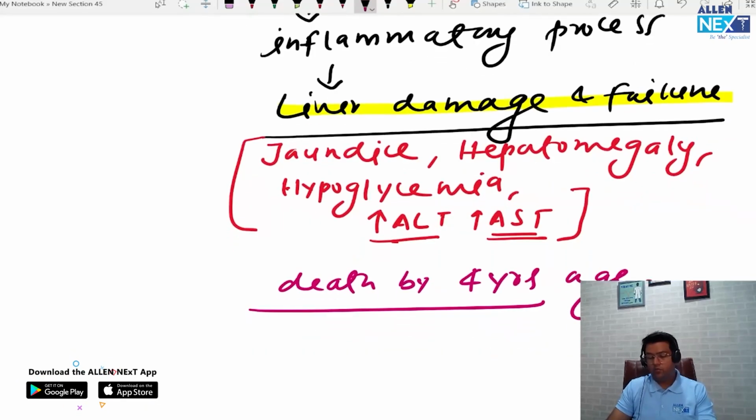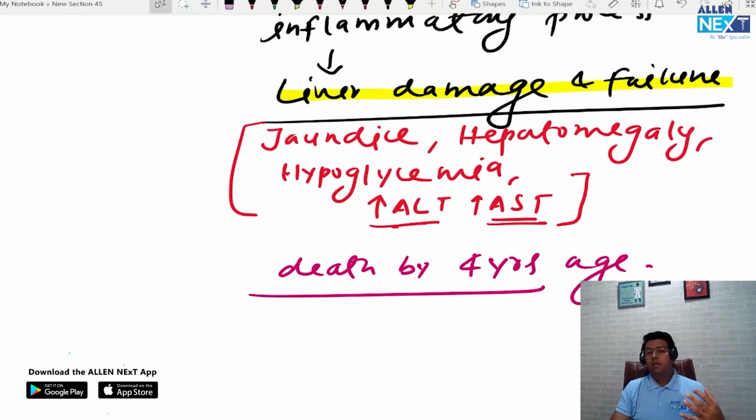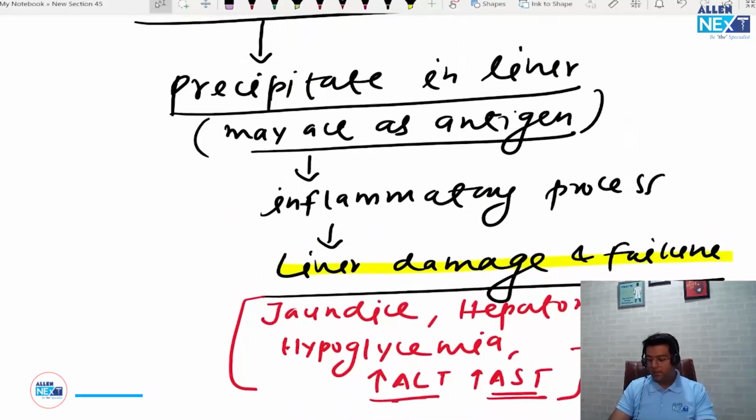Fine, so the baby will die by the age of 4 years. So guys, this is called Anderson's disease. The only treatment for this disease, which is not a common disease, it is a rare disease, right, will be liver transplant. Okay, so the patient just needs an organ donor for the liver transplant. You got my point, guys?